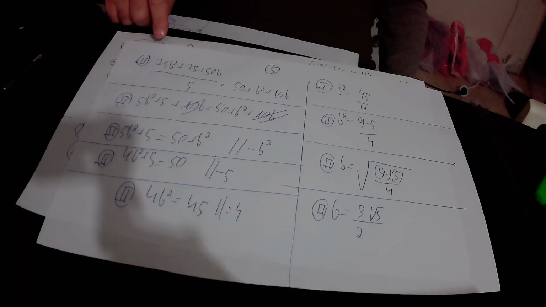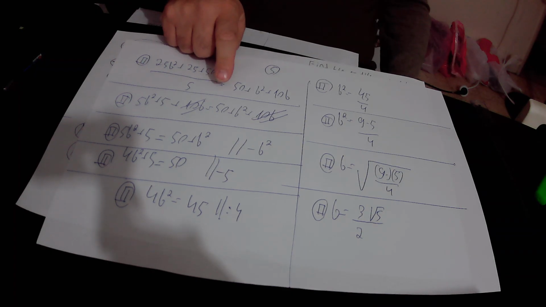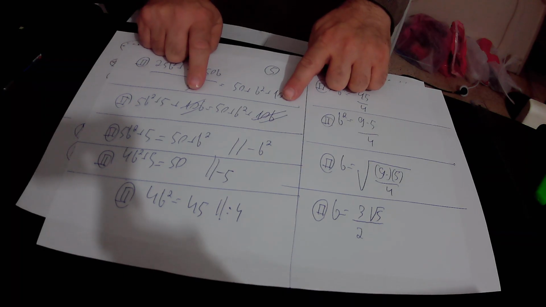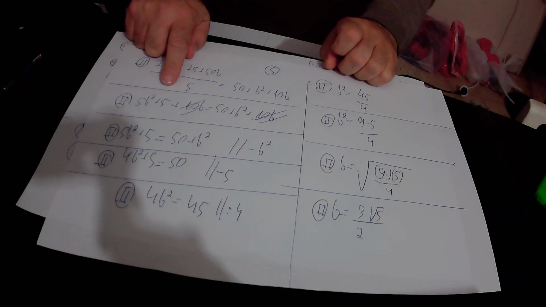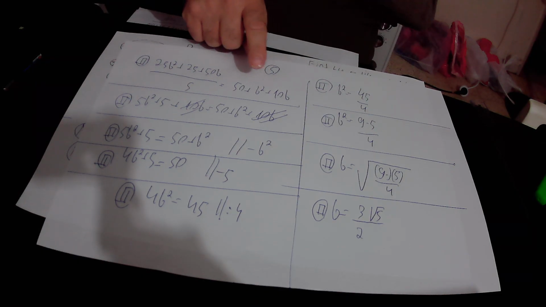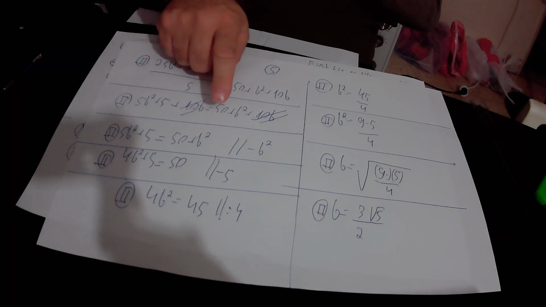So 25b squared over 5 is 5b squared, 25 over 5 is 5, and 50b over 5 is 10b. And it is equal to 50 plus b squared plus 10b. Here we have 10b on both sides of the equation, so 10b will get cancelled. After cancelling 10b, on this side we are left with only 5b squared plus 5, and on the other side with 50 plus b squared.